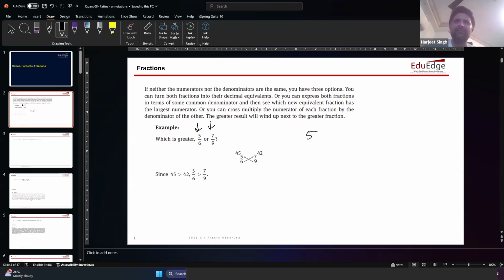So when we have 5 by 6 and 7 by 9, we cross multiply. 5 into 9 is 45 and 6 into 7 is 42. So clearly the LHS is greater, which means 5 by 6 is greater than 7 by 9.